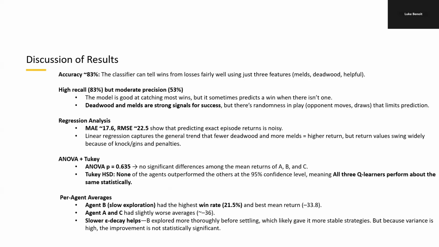So definitely there is a change as we increase the number, C becomes more favorable. The slower epsilon decay is helping as well at the lower episodes. But because the variance is high, there's not really a statistically significant difference between either model.